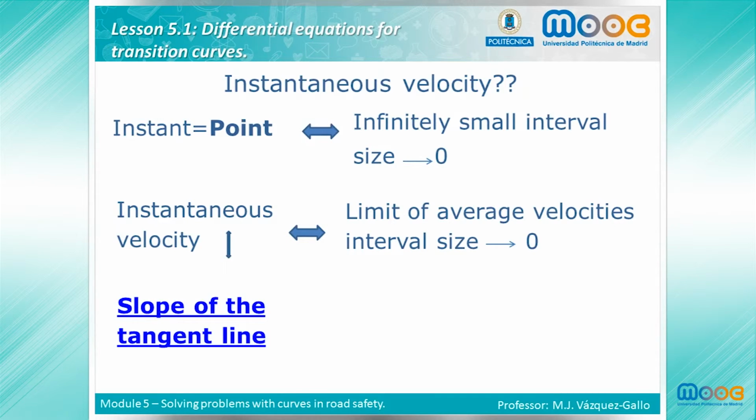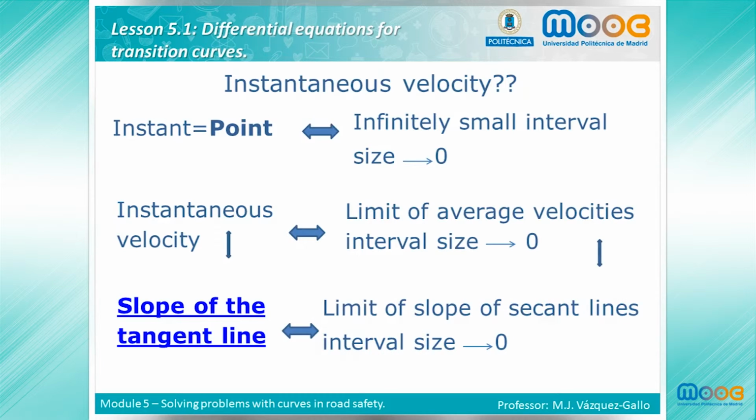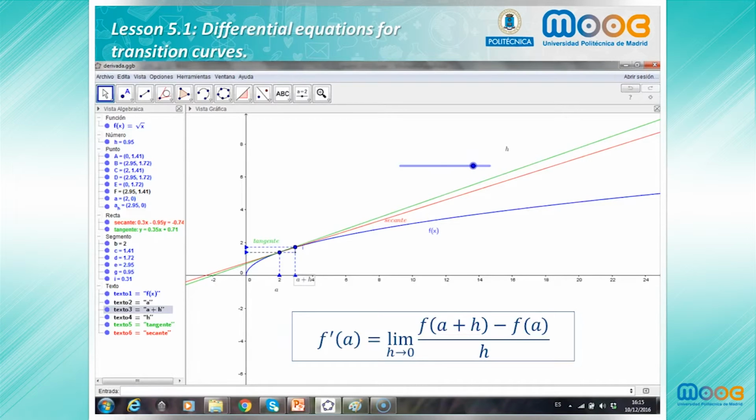In other words, instantaneous velocity is the slope of the tangent line to the graph of space versus time, and this slope can be computed as the limit of the slope of a secant line to this graph when the size of the time interval tends to 0. In mathematical language, this slope is called the derivative of the function space with respect to the variable time at the time considered. It is simply the instantaneous change rate of space versus time.